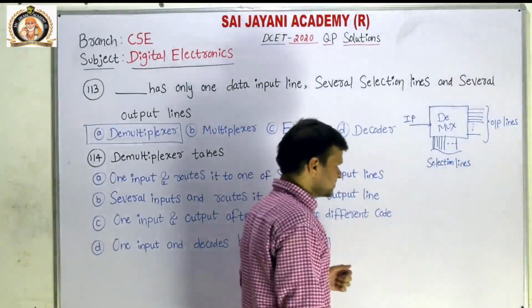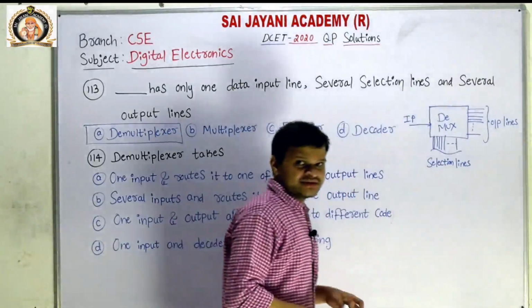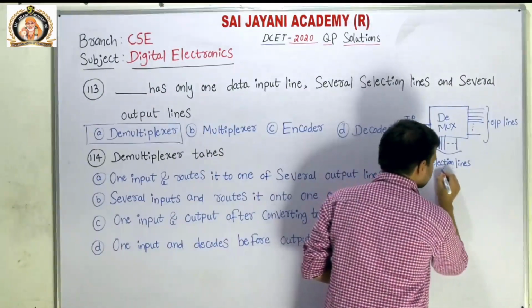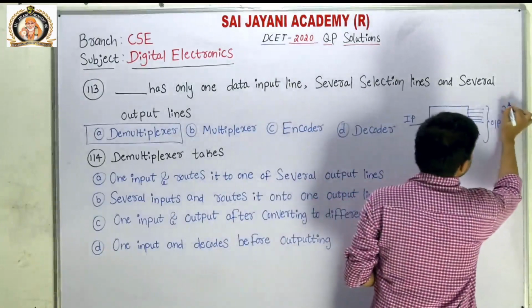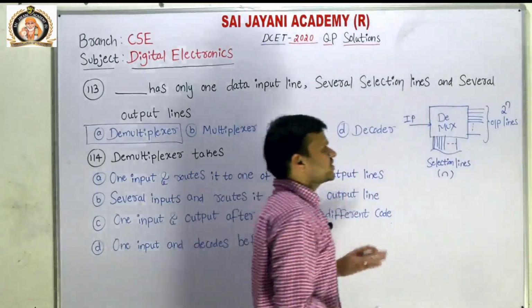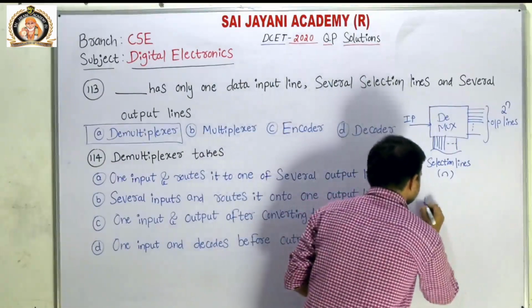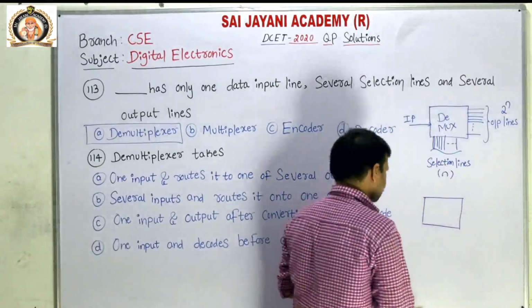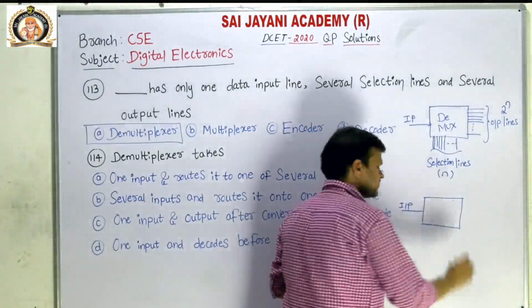In demultiplexer, the selection lines and the output lines are present in such a way that for n number of selection lines, there will be 2 raised to n number of output lines. For example, if we consider a 1 to 2 DMUX, it has a single input.